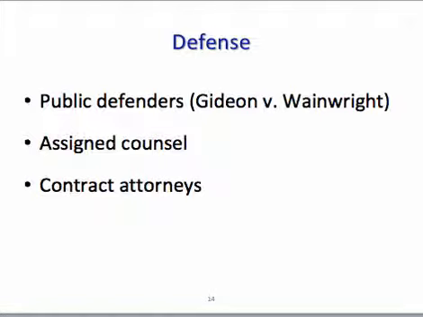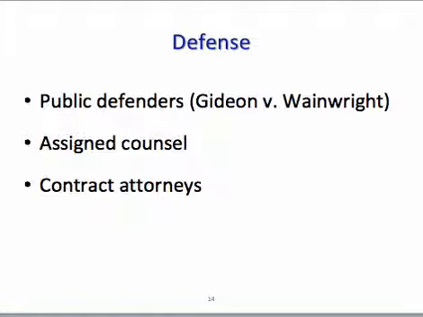Gideon had been accused of low-level crimes, was arrested for breaking and entering, burglary, whatever, in Florida. And because the state of Florida interpreted the law as saying that he didn't need an attorney because he wasn't charged with a capital crime, he wasn't provided an attorney.